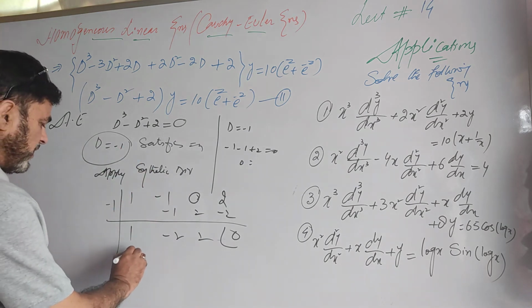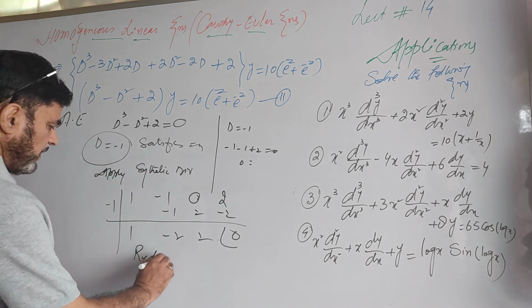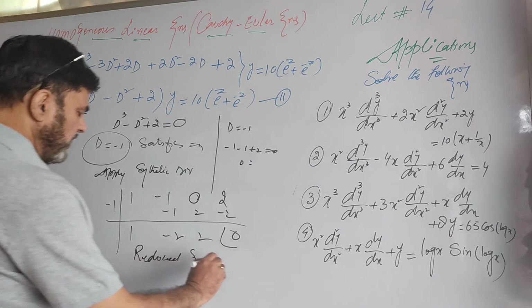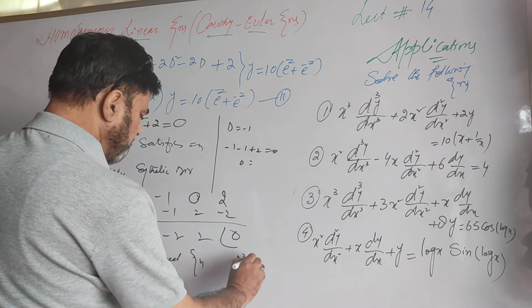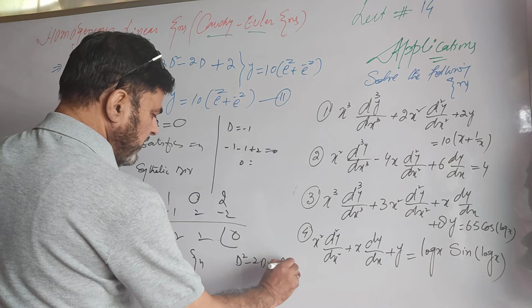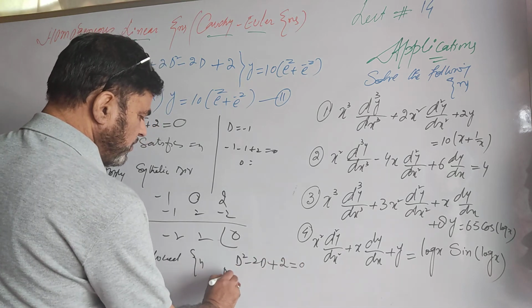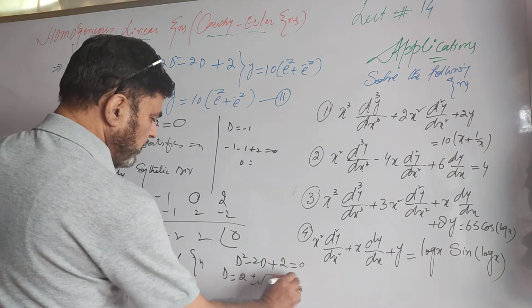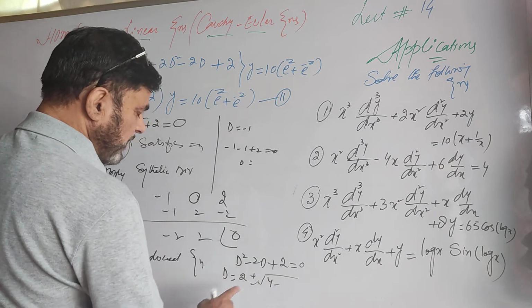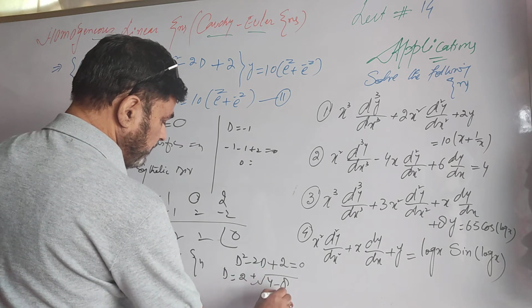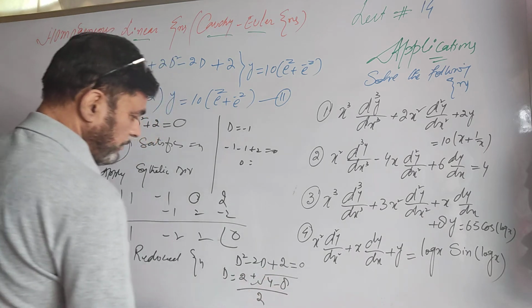So what is the reduced equation? The reduced equation is now D square minus 2D plus 2 equal to 0. D is equal to 2 plus minus under root of 4 minus 8 by 2.